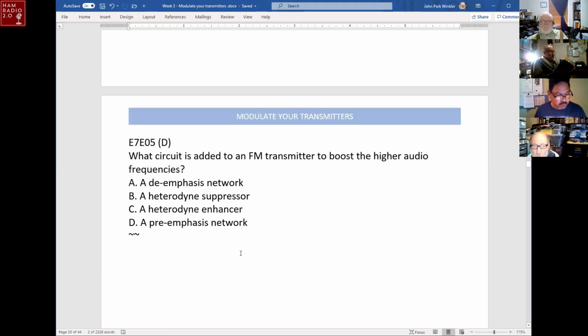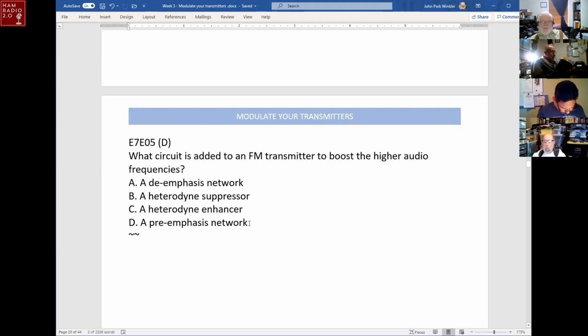Okay, 7E05. What circuit is added to an FM transmitter to boost the higher audio frequencies? And it's an equalization circuit that is a pre-emphasis network.